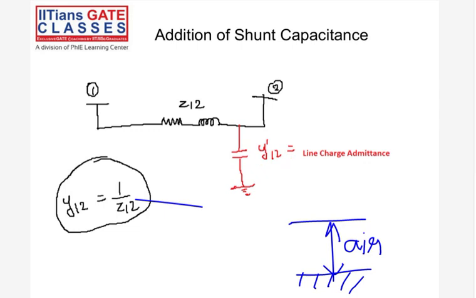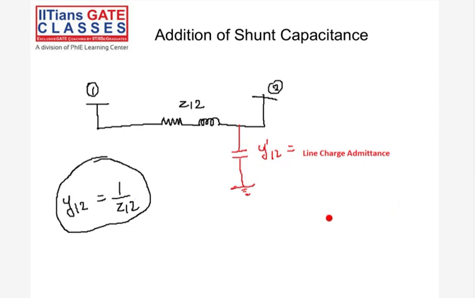So have you guys learned about T and pi representation in networks? If you are having three elements, you can either represent it as T or you can represent it as pi. Are you familiar with this concept? So everybody is familiar with T and pi. Okay.